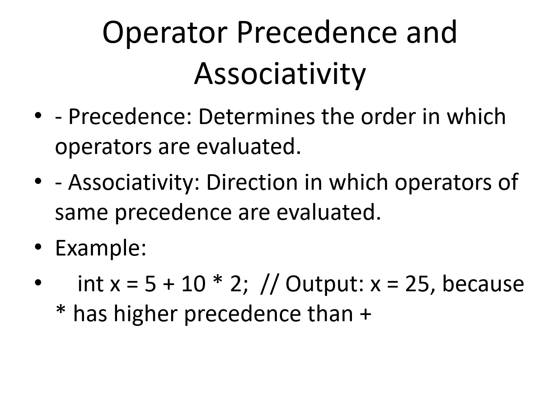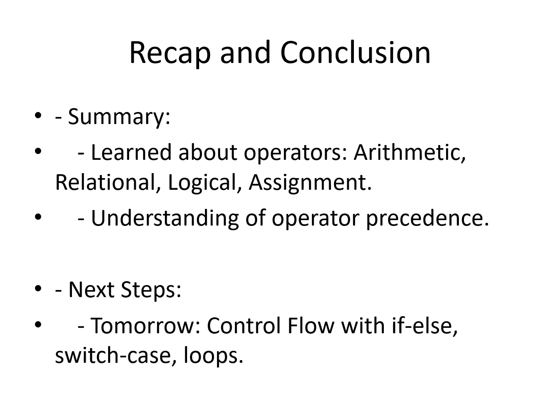Here is an example: int x equal to 5 plus 10 into 2. Multiplication has greater precedence than plus. So first we calculate 10 into 2, and then we perform the addition. The output of this expression will be 25, because 10 into 2 is 20 and we add 20 plus 5, 25, because multiply has higher precedence than plus.